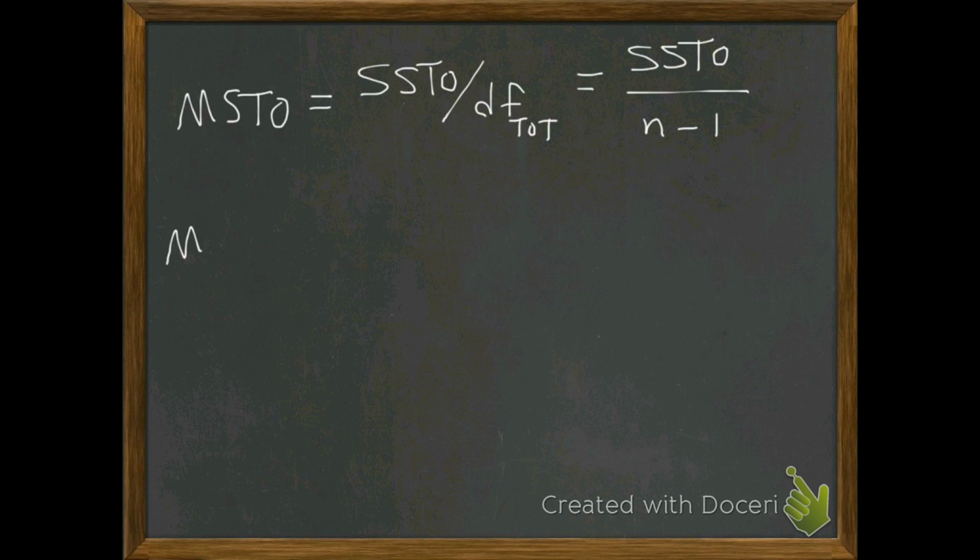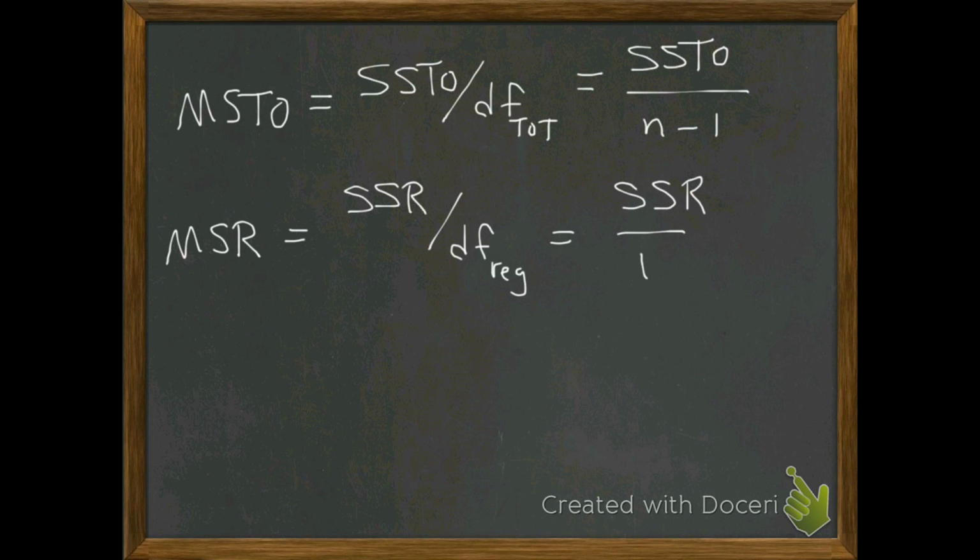The mean square for the regression is the sum of squares for the regression divided by the degrees of freedom for the regression, which is the sum of squares for the regression over 1, which is just simply the sum of squares for the regression. So guys, if you ever get a test question where you calculate the mean square for the regression, it won't be a tough calculation.